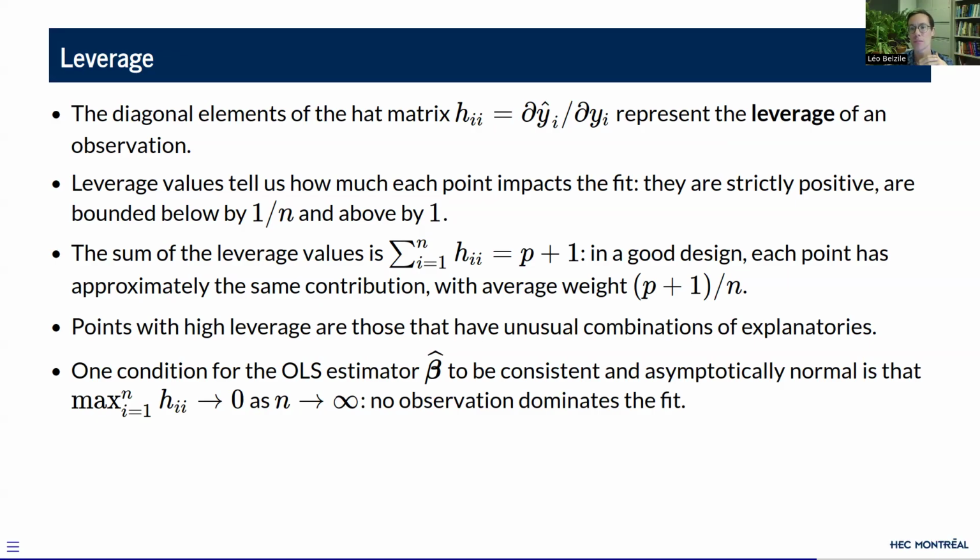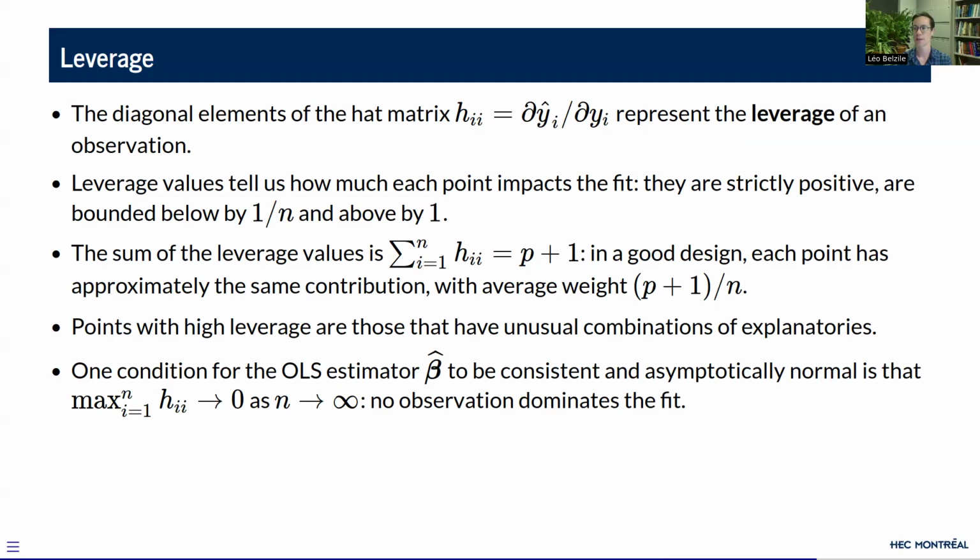And so HII represents the leverage of an observation, how much it affects the fit of itself. Properties of projection matrices tell me that the elements HII, they're diagonal elements, they are bounded below by 1 over the sample size, 1 over n, and bounded above by 1, okay? And the sum of the leverages, that's the rank of the matrix, so that's p plus 1.